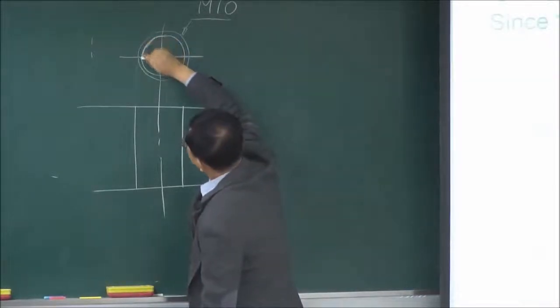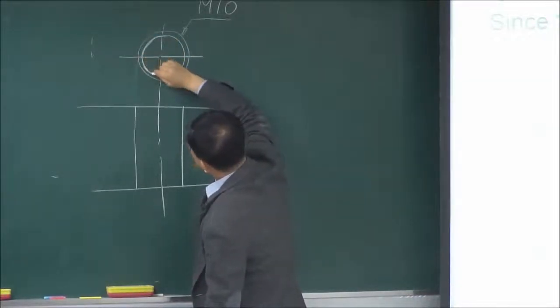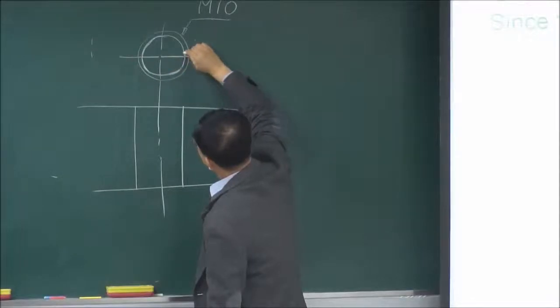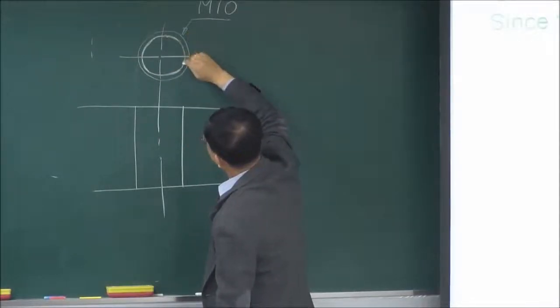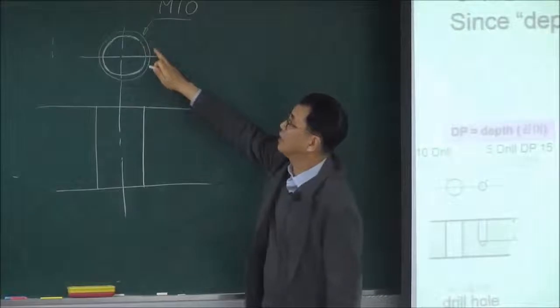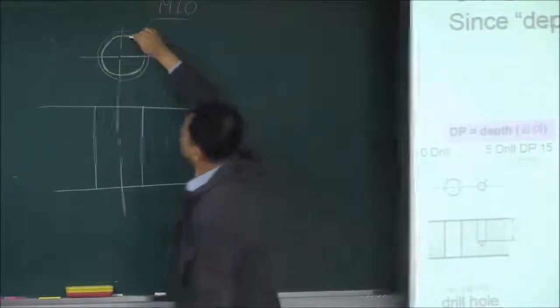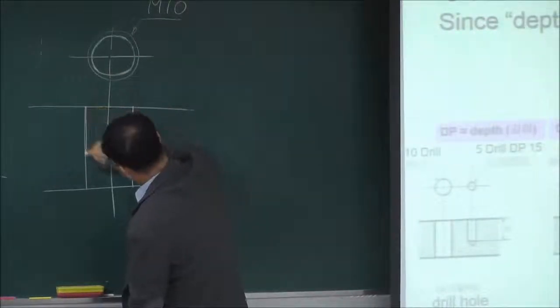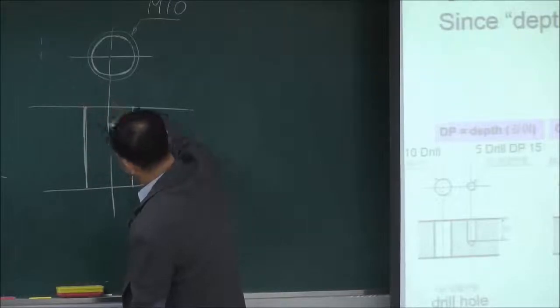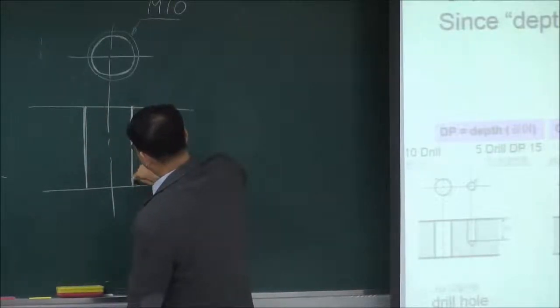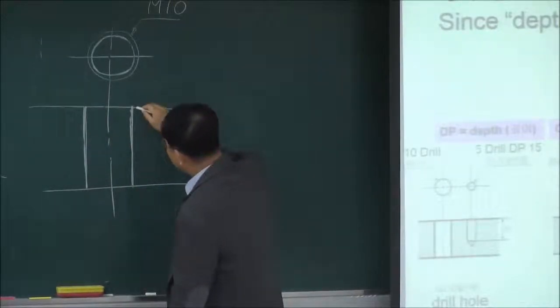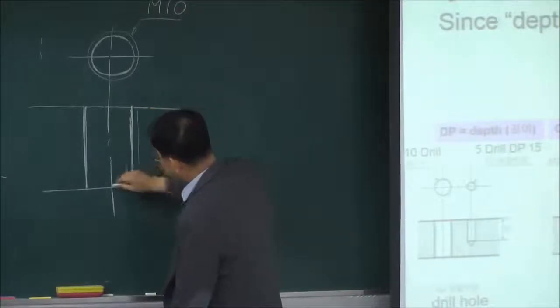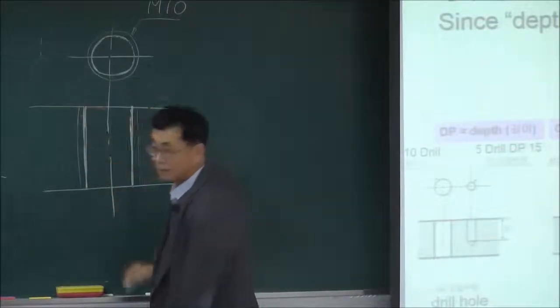The representation is that this is the thick visible outline, and this is the thin line outside.